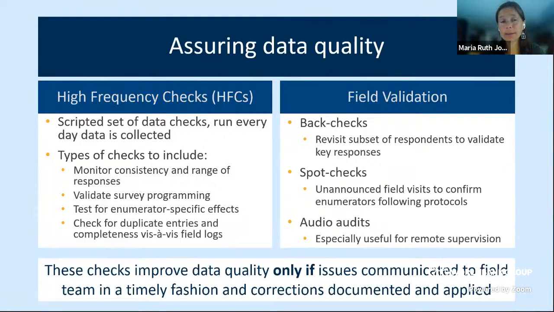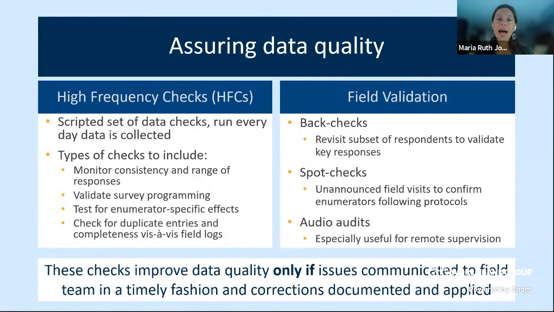But really focusing, especially in the first weeks of data collection, on providing a lot of feedback to enumerators about issues that are coming up, noting if there's any problems with the survey instrument and making those changes as required, but making sure that that's all being communicated very clearly, both because it helps people not to learn bad habits, but also because there's opportunities then to go back to the field as needed, or to make significant changes to protocols or to even the field team if there seems to be issues with particular people.